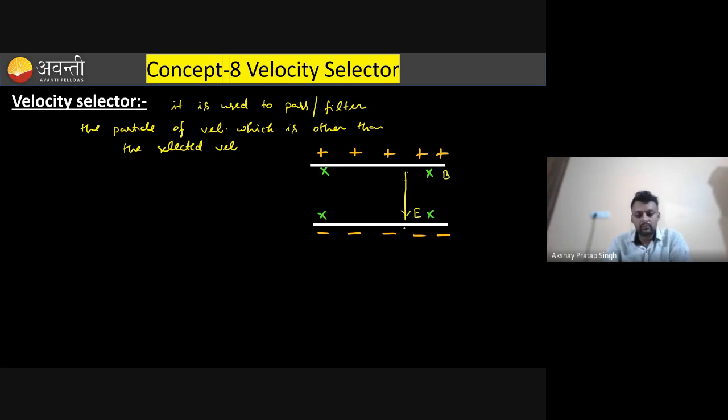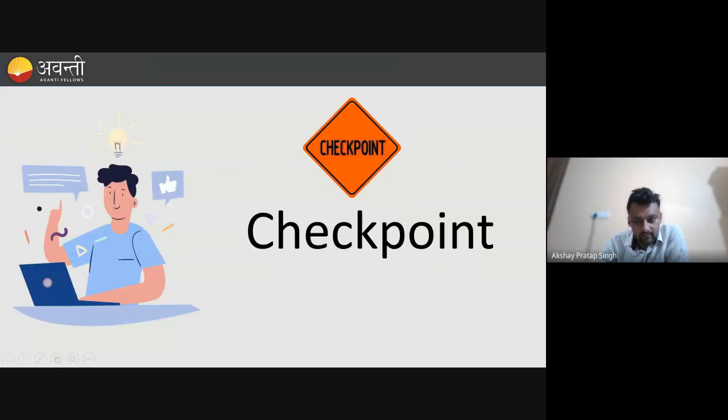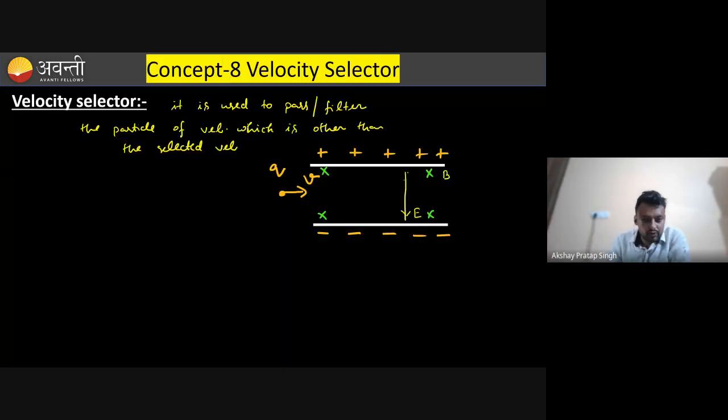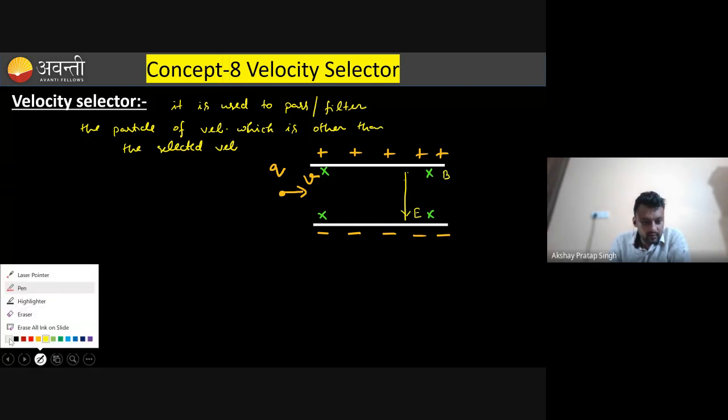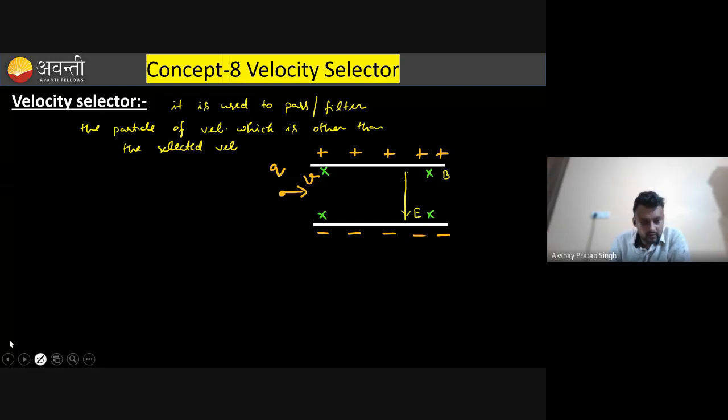Clear? Now, let's suppose this is a charge Q moving with some velocity V and it enters the region. There is a target, and I want this charged particle to strike it.